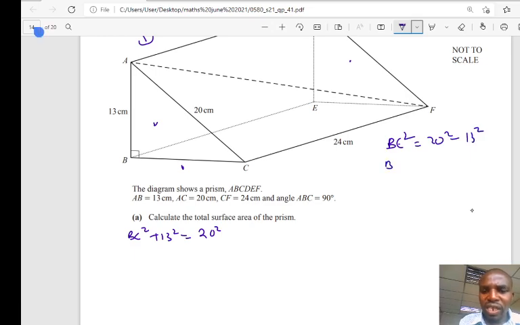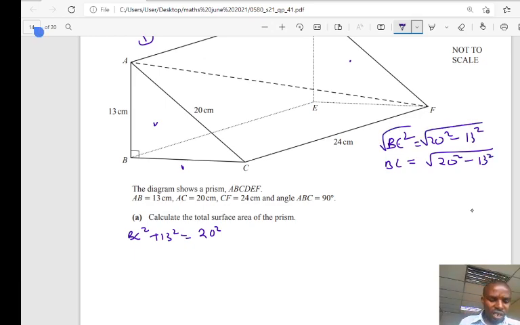Then BC is equal to the square root of 20 squared minus 13 squared. Remember, to move the square, you put square roots both sides. 20 squared is 400 minus 13 squared, 169, is 231. So square root of 231.